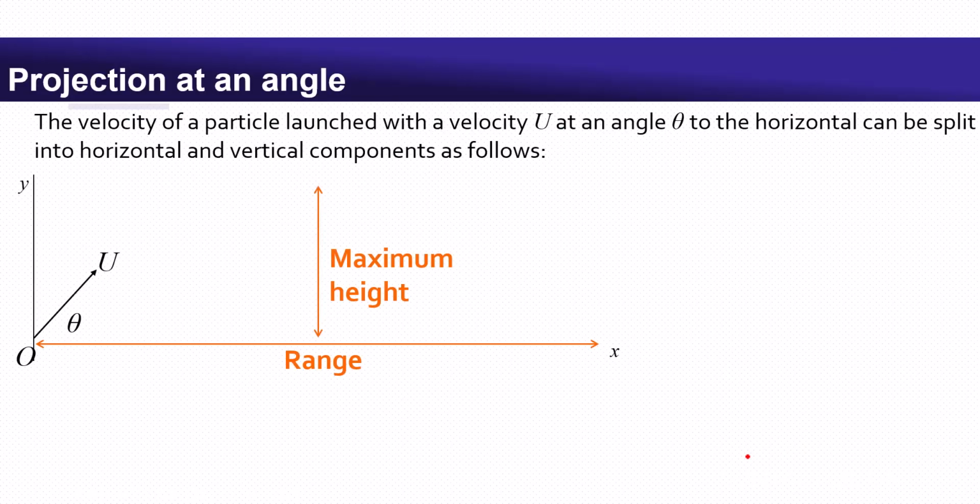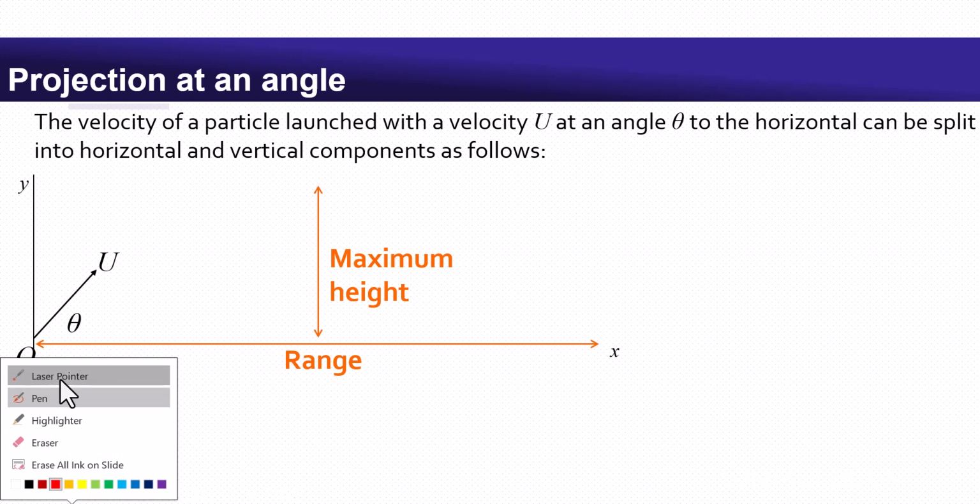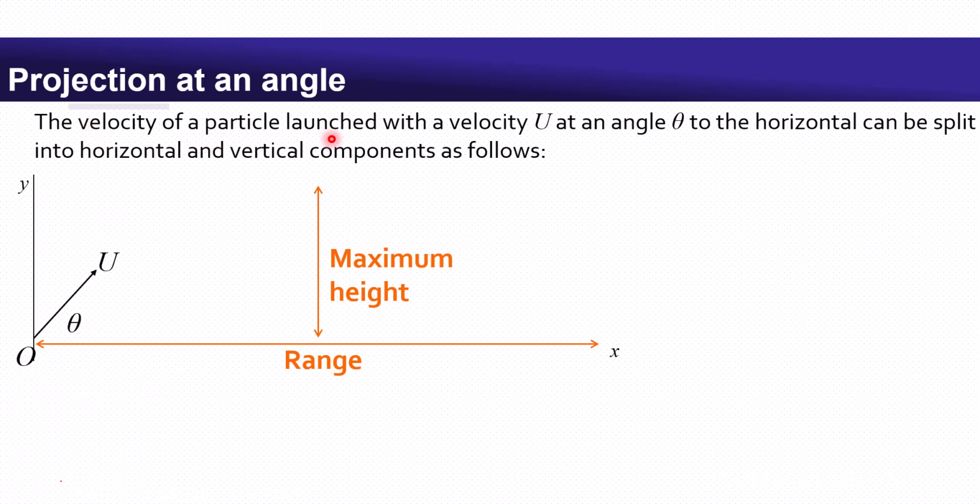So for projection at an angle, the velocity of a particle launched with a velocity u. This is the initial velocity of the particle that we are going to launch, and at an angle theta.